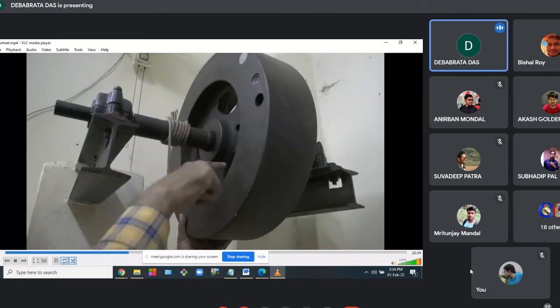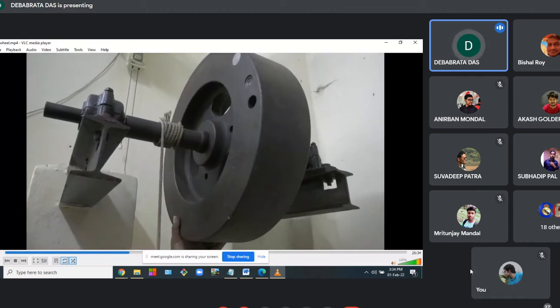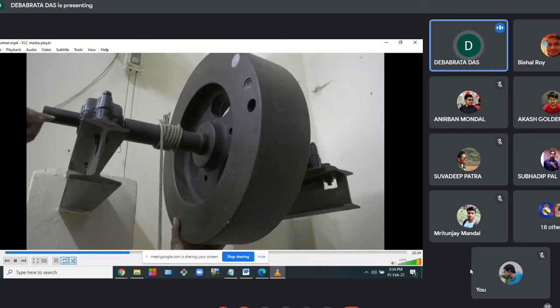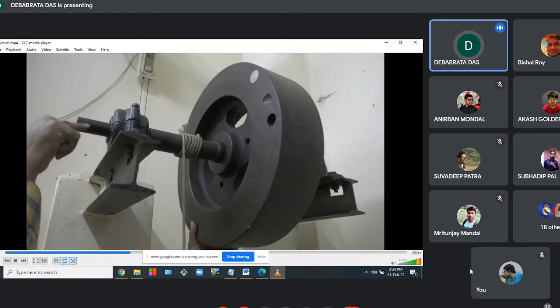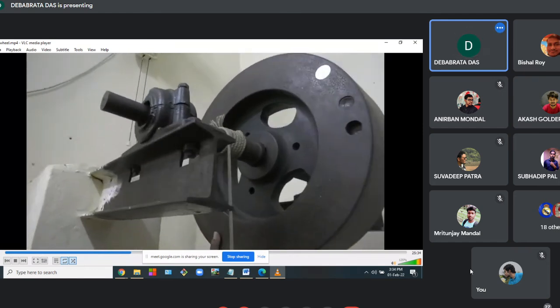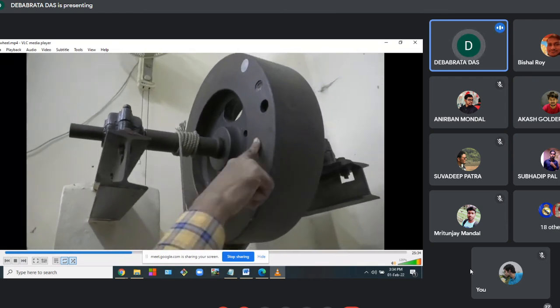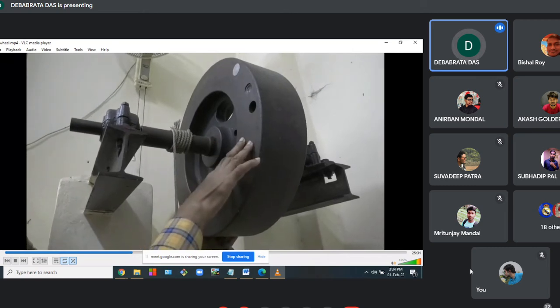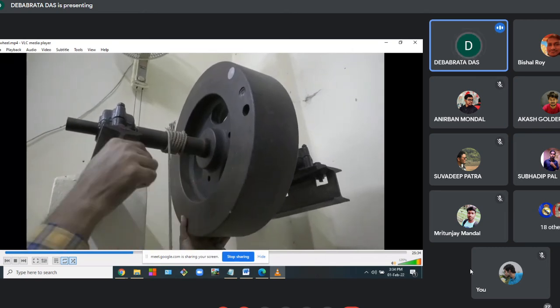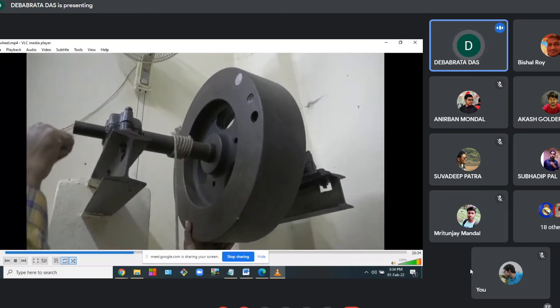Now, while this flywheel is in the acceleration phase, there is still some retarding effect through this bearing, the frictional retardation that is active. So from 0 to T1, there are two types of torques acting: the driving torque through the wire tension on the flywheel through the shaft, and the retarding torque through the frictional resistance across the bearing.